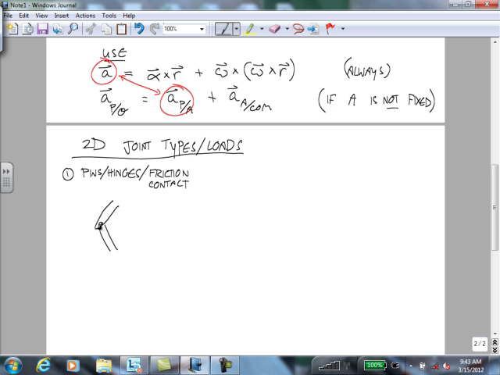Second, a roller, a pin in a slot that can slide along a slot, or a frictionless contact. So these look like this.